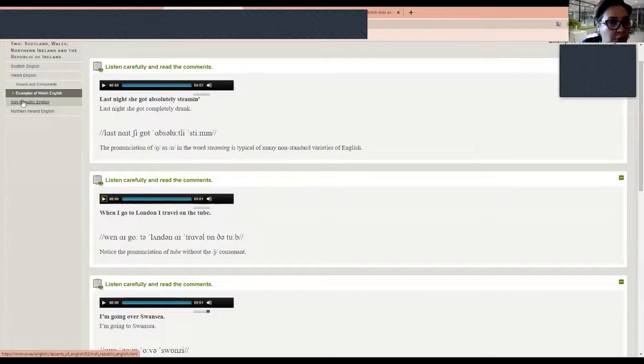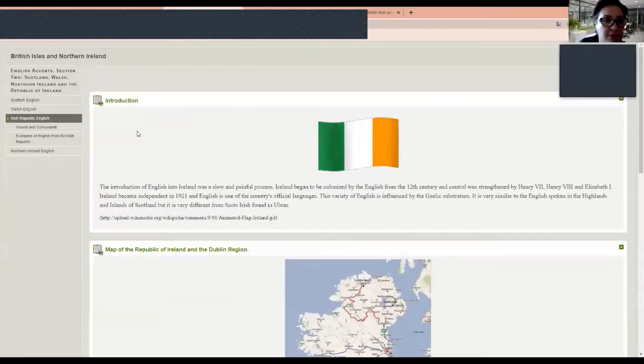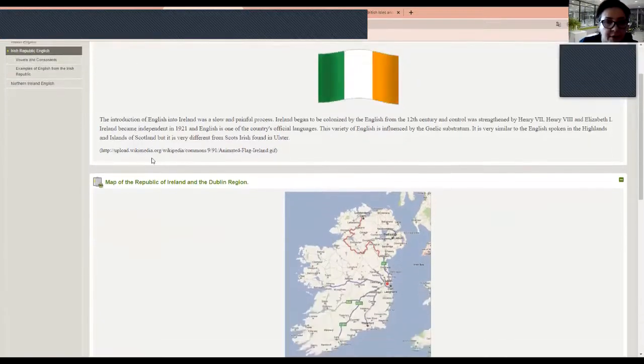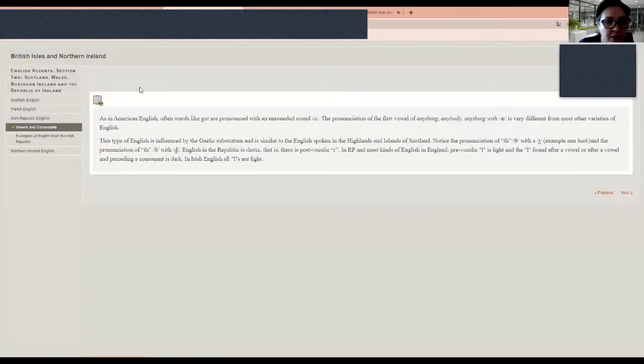All right, let's go further to the Irish way of pronouncing English words. There are also great changes compared to other English variations. You may feel some similarities with American English. For example, got is pronounced with a distinct vowel. The pronunciation of the first vowel in anything, anybody, is very different from most other varieties of English.